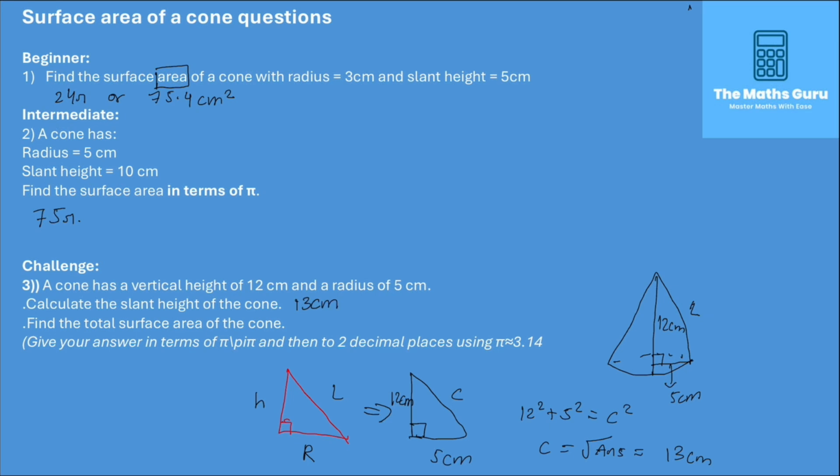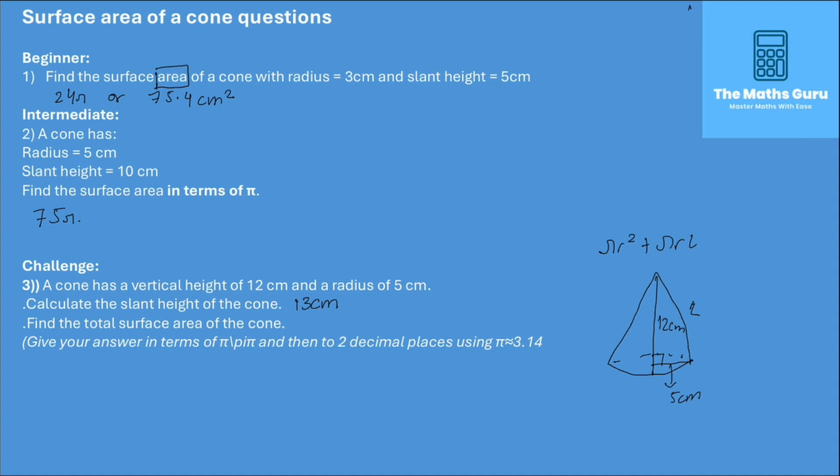From here, we can now work out our total surface area of the cone by applying the formula pi r squared plus pi r l.